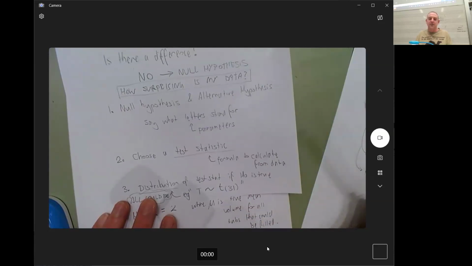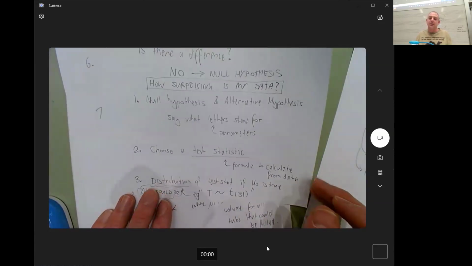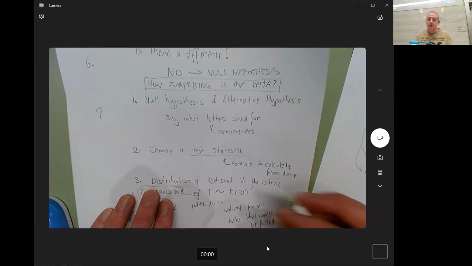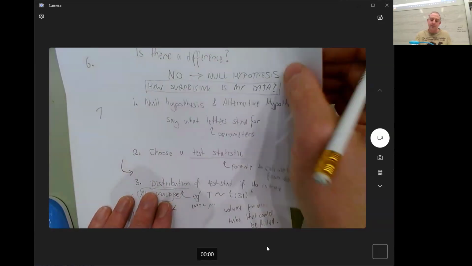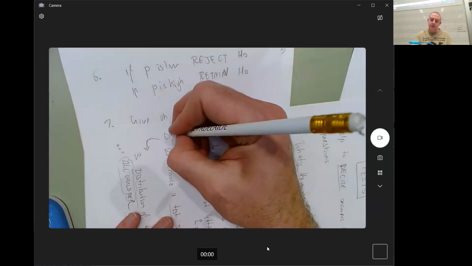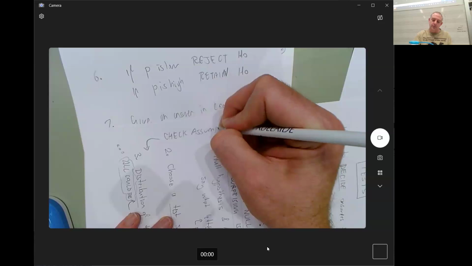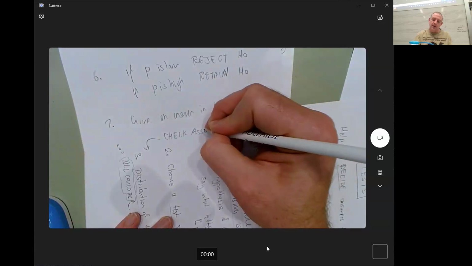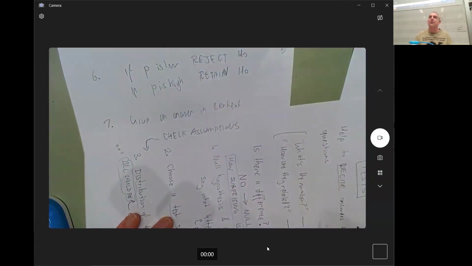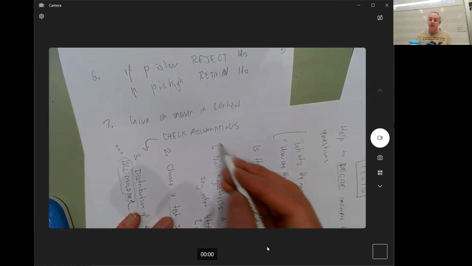There is a secret step 2.5, which is check the assumptions. So somewhere in here. And they're usually checked via a graph, QQ plot or something like that.